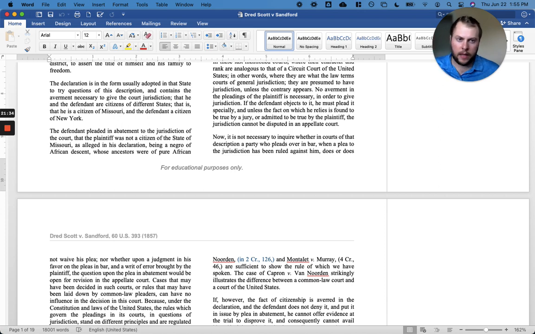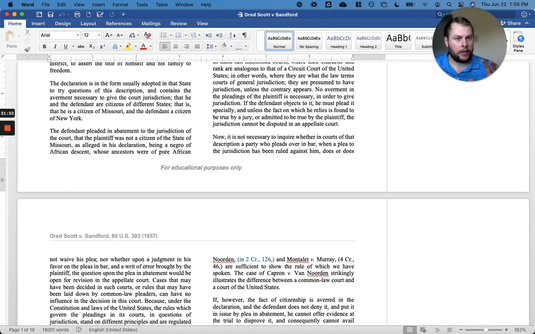We saw that in Marbury v. Madison. The court says, wait a second, we've only been granted this much jurisdiction. If we take more jurisdiction, we're going to be acting outside the Constitution. The Constitution is supreme, therefore we're going to follow the Constitution rather than a federal law.